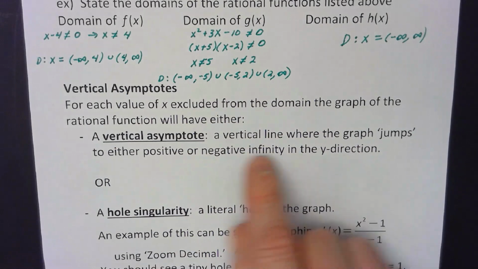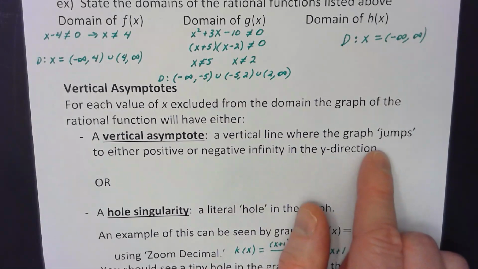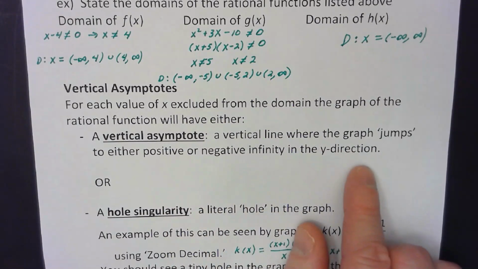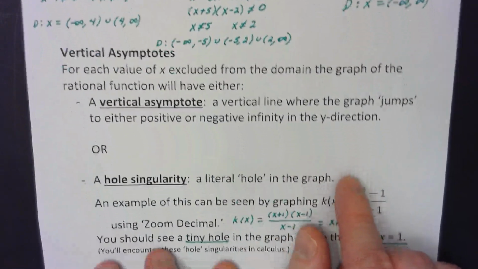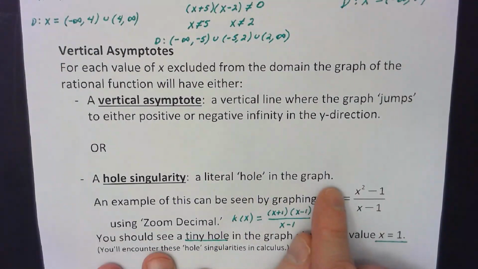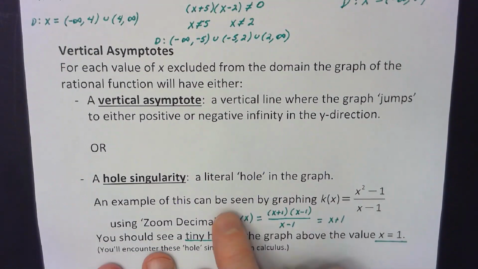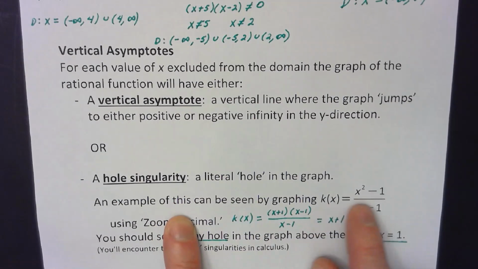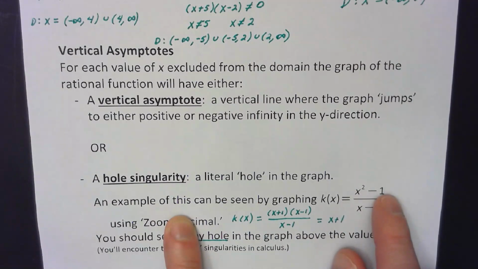So a vertical asymptote is a vertical line where a graph is going to jump to either positive or negative infinity in the y direction. It could also be a literal hole in the graph. The first example I want to look at here is when we have this hole in the graph. If I graphed out the function k of x equal to x squared minus 1 over x minus 1, you know that the numerator could factor by difference of two squares to x plus 1 times x minus 1.